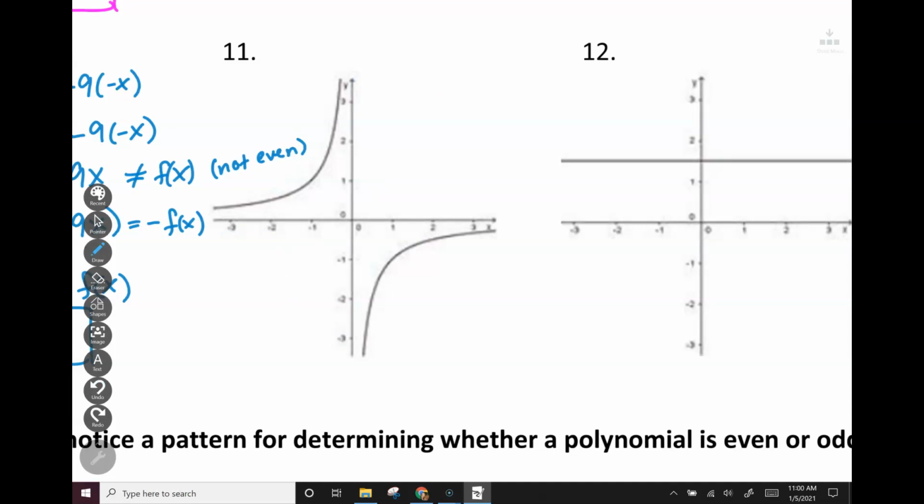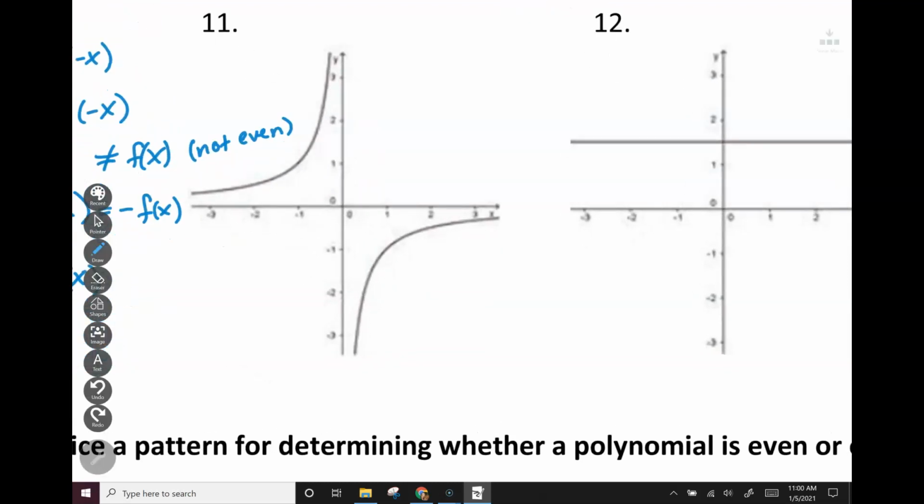Okay, so let's see if it's odd. Remember I said if it's odd, there are a couple of different things that you can see. But one of them is that you can rotate the graph 180 degrees and it will look exactly the same. If you're good with visualization, you could probably do that in your head. If not, take your paper and rotate it.